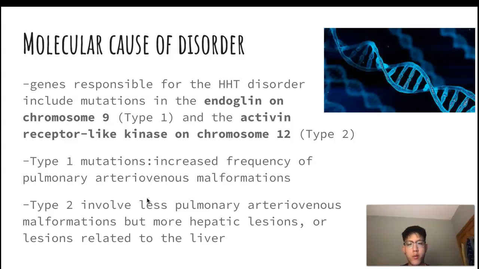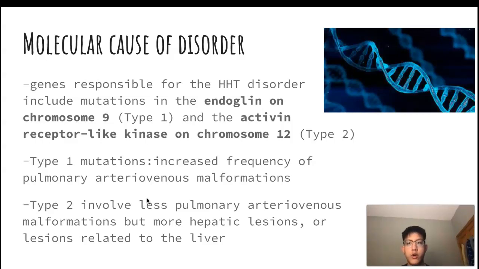Now, type 1 mutations are characterized by an increased frequency of pulmonary arteriovenous malformations, which I discussed earlier. And then type 2 involves fewer pulmonary malformations, but more hepatic lesions, which means lesions that are related to the liver.